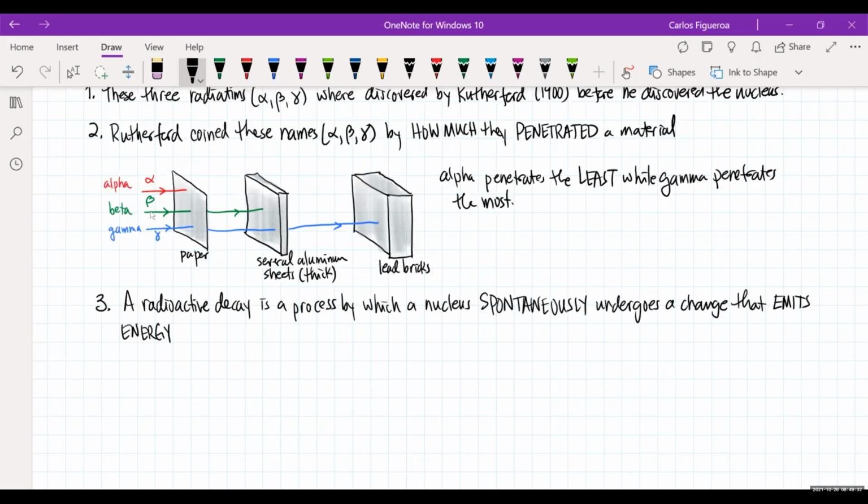And when we say it emits energy, that really means it emits radiation as particles.